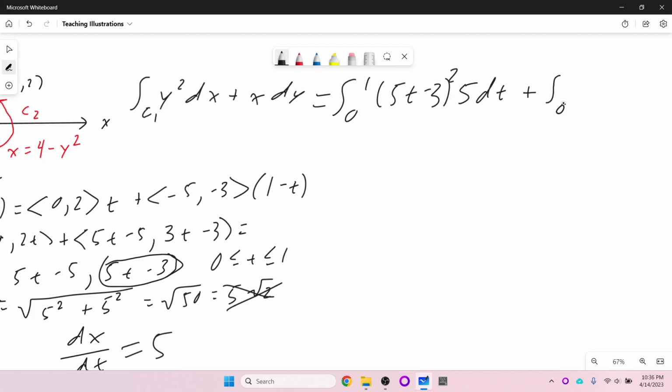You're with me now. Then the integral from 0 to 1 of x, which is 5t minus 5. dx dt and dy dt are both 5. So I will get x is 5t minus 5 times 5 dt.